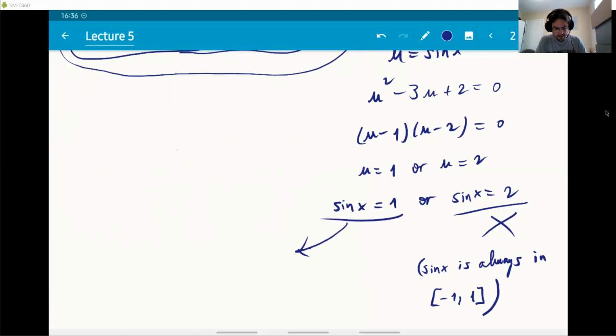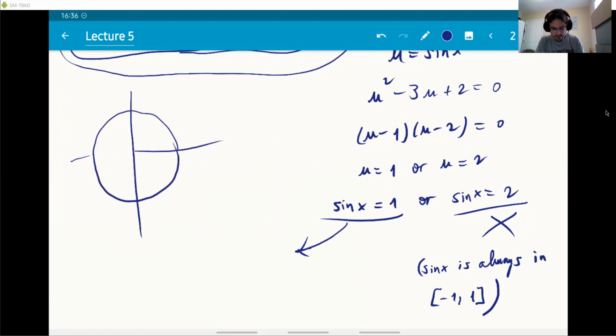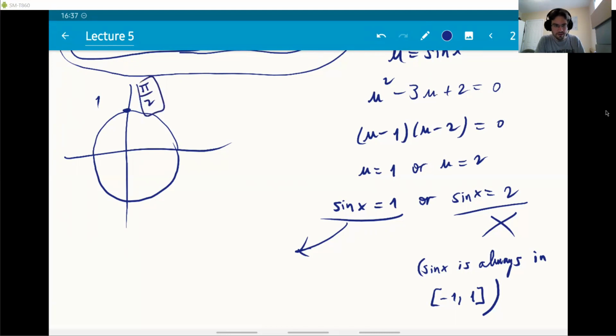And they are, thinking about the unit circle. That's a terrible circle. Let me do this again. Here you go. Remember that the measure of sine of an angle is found by looking at the y-axis. And here is the value of 1. So the angles with a sine of 1, well, the only angle between 0 and 2 pi is this one, pi over 2.